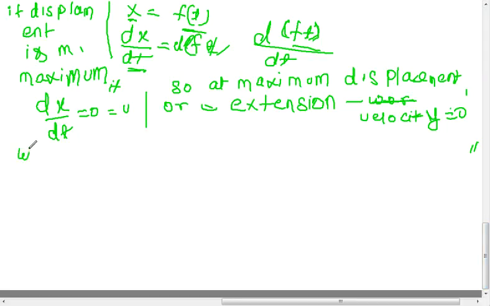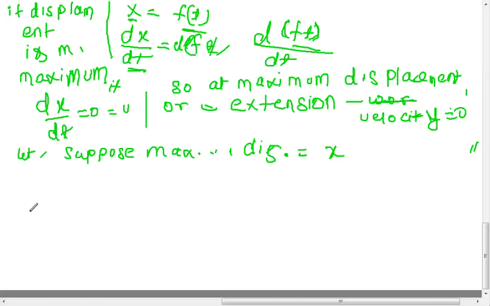Let's suppose maximum displacement. What is happening here? Displacement is equal to x. Maximum displacement is equal to x.